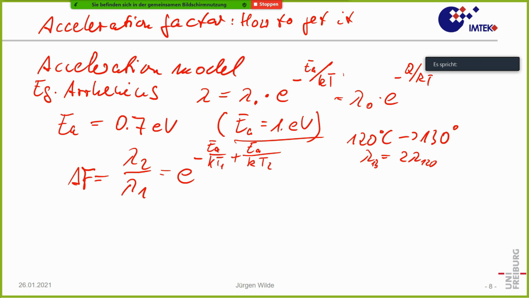Of course, it still has to be proved that this acceleration factor is really valid, because in real life such activation energies vary between 0.3 electron volt and something like 3 electron volts.